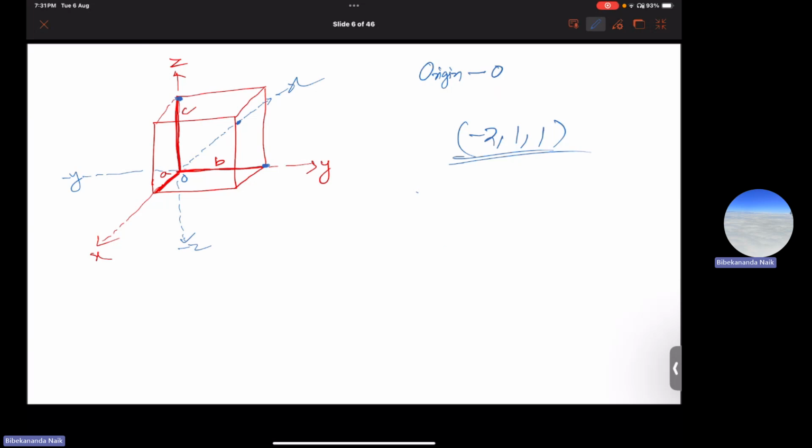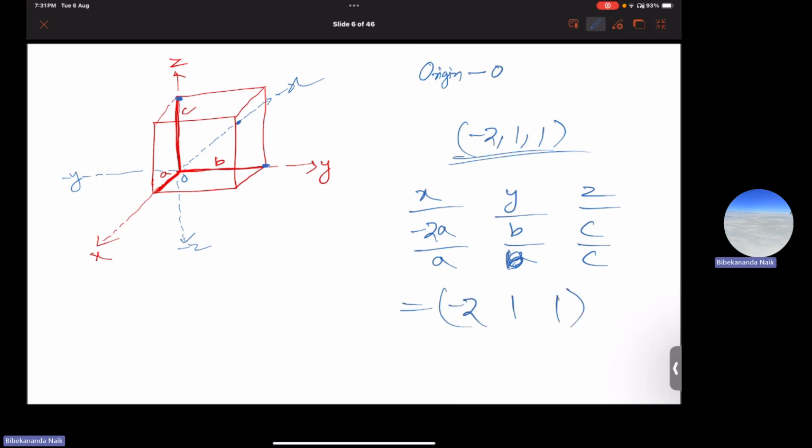If we determine the intercepts on the three axes X, Y, and Z, they are minus 2A, B, and C. If we divide these intercepts by the unit cell dimensions, B by B, C by C, it will be minus 2, 1, and 1. These are already reduced, so we don't need to reduce further.